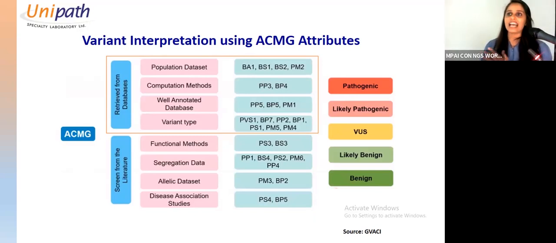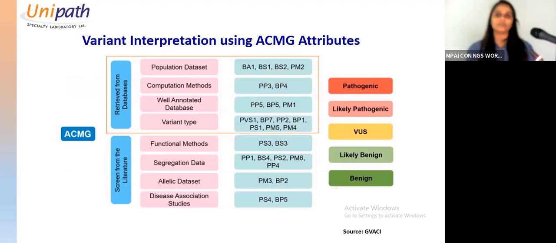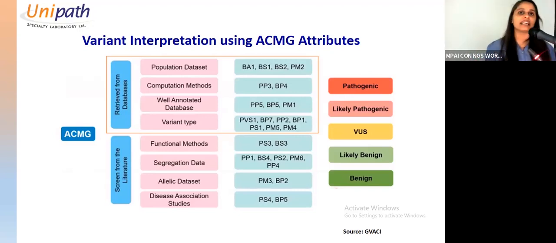So these are actually the guidelines for variant analysis and interpretation. So if you can see, ACMG guidelines 2015. They give you these 28 criteria, which help you in the interpretation of the variants, whether they are pathogenic or not.